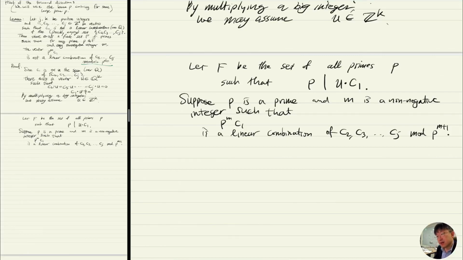This is kind of like an exceptional prime. We want to say that the number of such primes is finite and belongs to F.